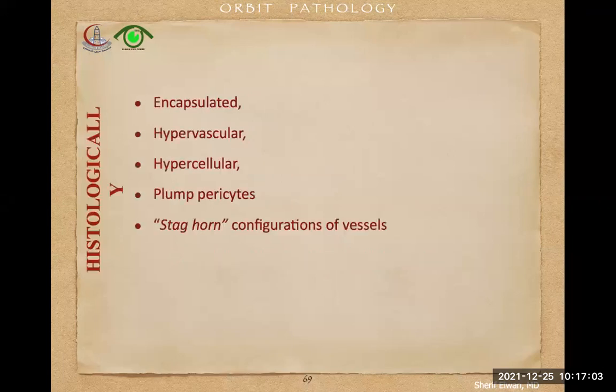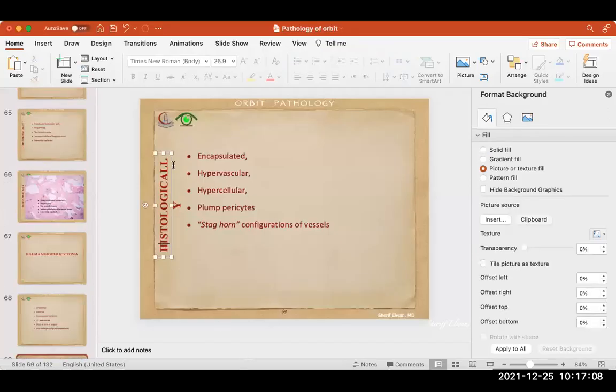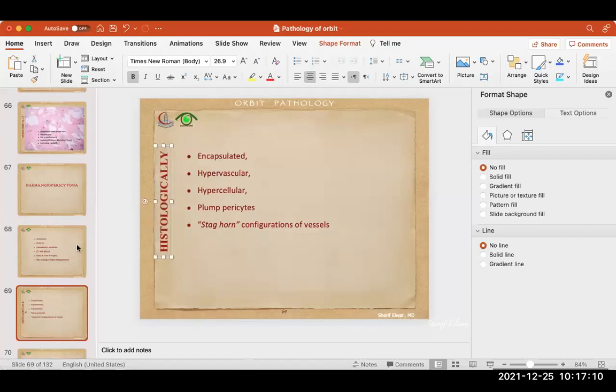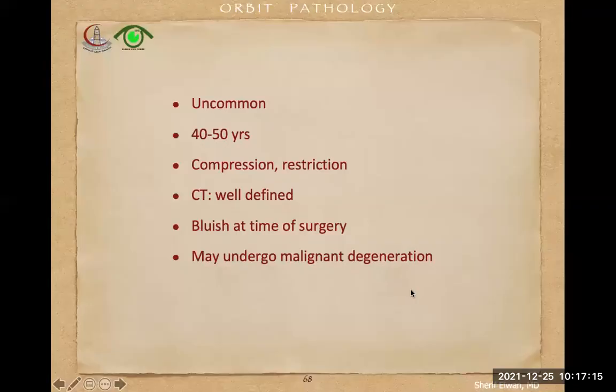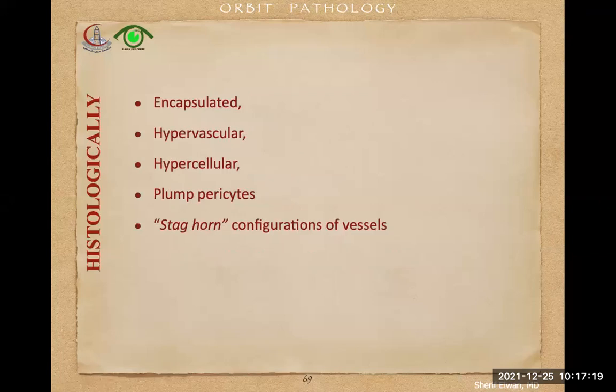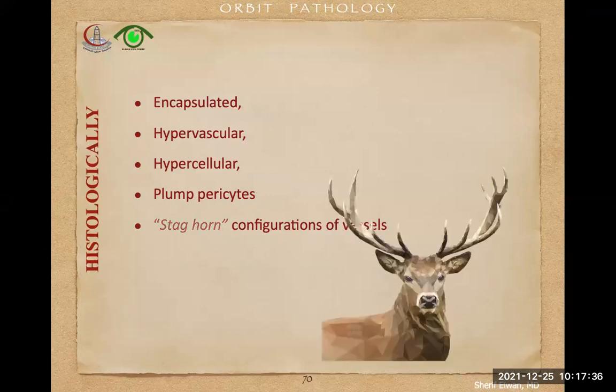And when examined under the microscope, you will be confronted with the diagnosis of a hemangiopericytoma. Hemangiopericytoma, again, is very uncommon, causing compression, as we will see. Under the microscope, it's encapsulated, hypervascular, hypercellular, with the pericytes, which are the tissue of origin, very prominent. And this leads to the configuration of vessels, which is like a stag horn.